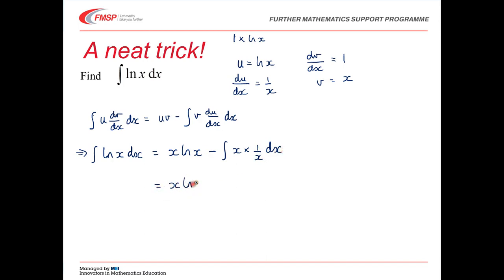So x log x minus integral of 1 dx, and I get x log x minus x plus constant. So by sneakily introducing a times 1, I've managed to use the integration by parts formula to integrate log x.